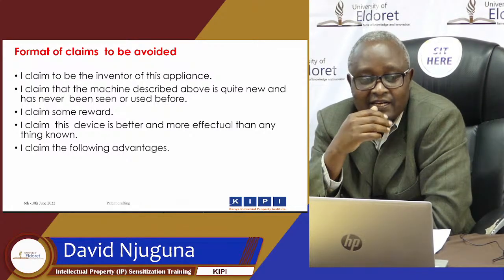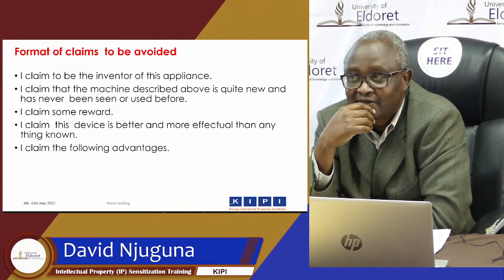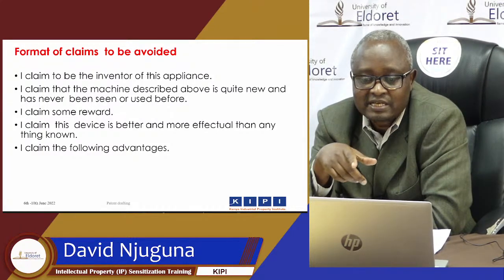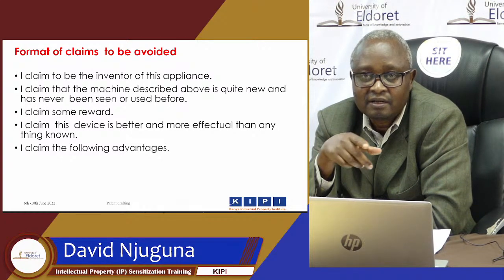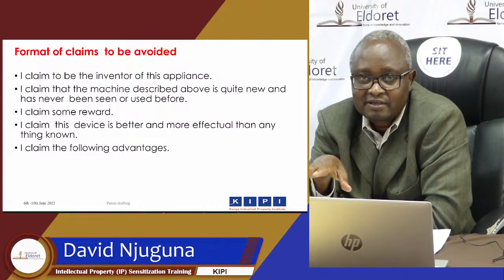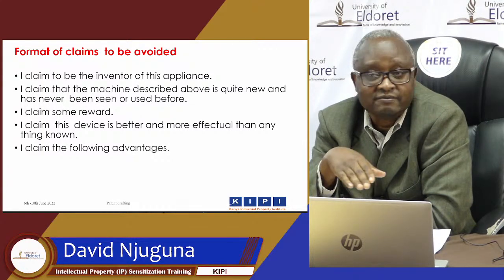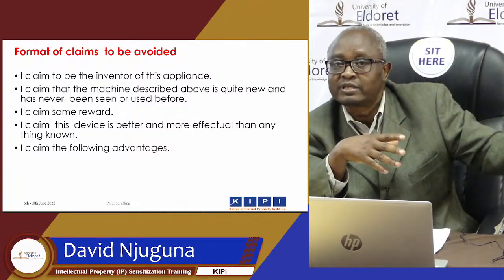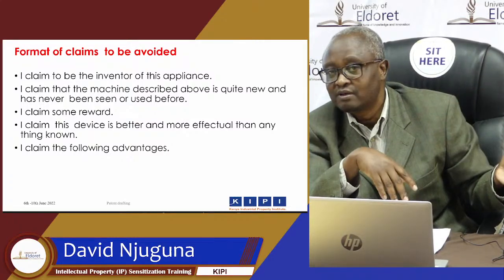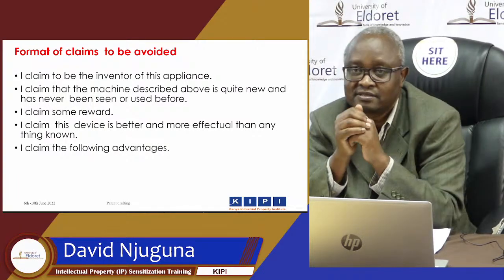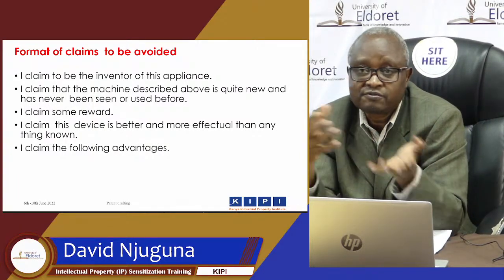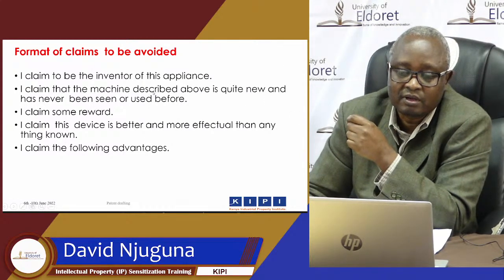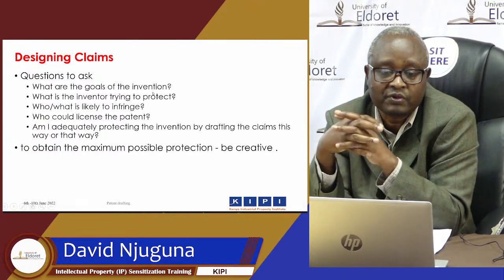"I claim some reward for inventing something." It's not a claim that can be patented. "I claim this device is better and more effectual than anything that is known." It's not a claim. "I claim the following advantages." That will come in the description. When you describe the advantages of your invention, you cannot claim those advantages. They should be obvious from your invention or your claim regarding whatever you have come up with.